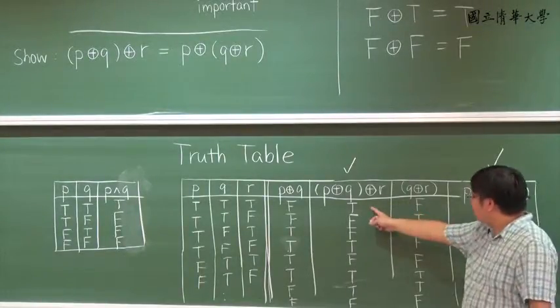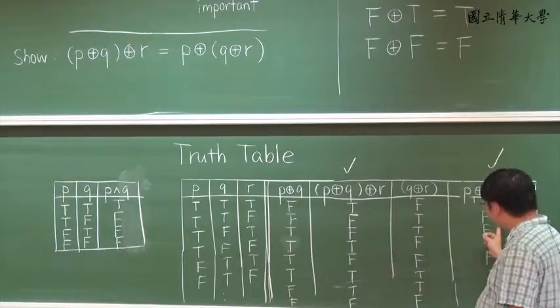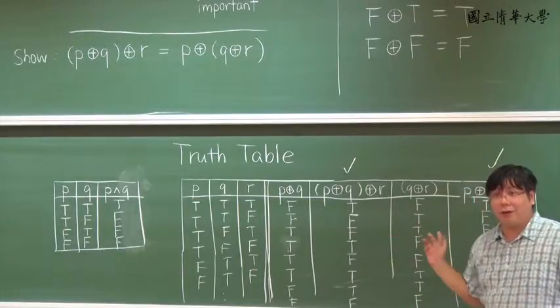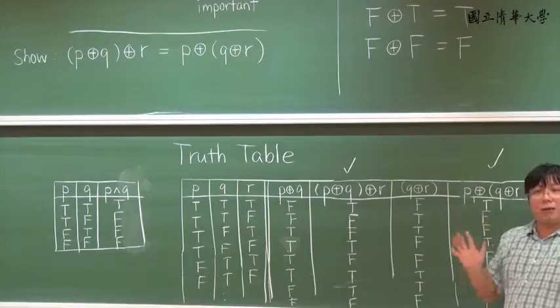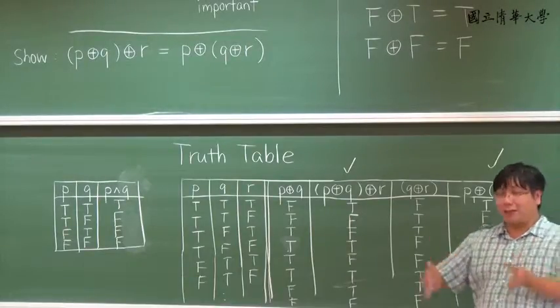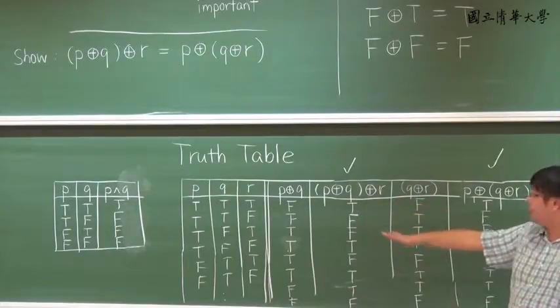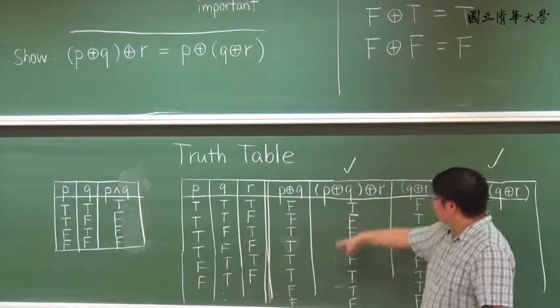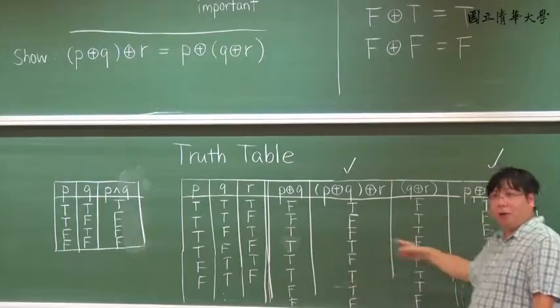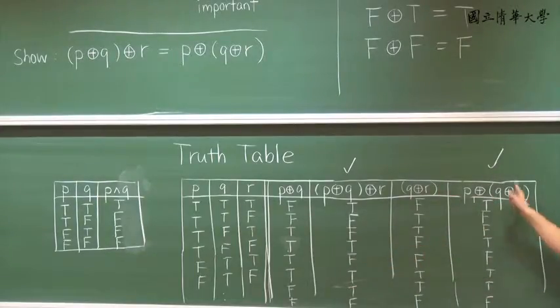Because whenever this is true, then this is true. Whenever this is false, this is false, and so on and so forth. Even if I don't know what P, Q, R are, what I know is that no matter what P, Q, R look like, the value of this proposition will always be the same as the value of this proposition.